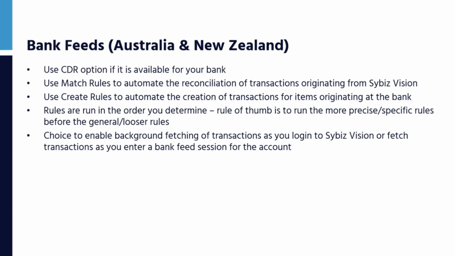But what will happen with your bank feeds is it will grab those two transactions individually, and so you effectively have two transaction lines, whereas you only want one. There are mechanisms to hide transactions, which we'll talk about as well. So again, that's just giving you the information as to the pros and cons of the background fetching.